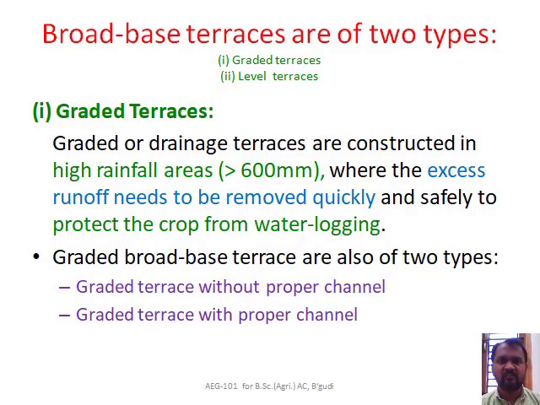The excess quantity of runoff available because of high rainfall has to be removed quickly and taken out safely to protect the crop from waterlogging. These graded broad-based terraces are classified into two groups: graded terrace without proper channel, and graded terrace with proper channel.